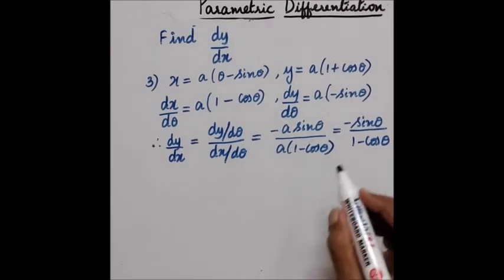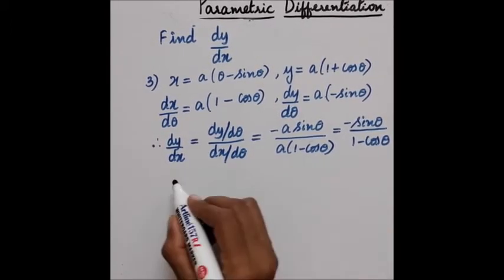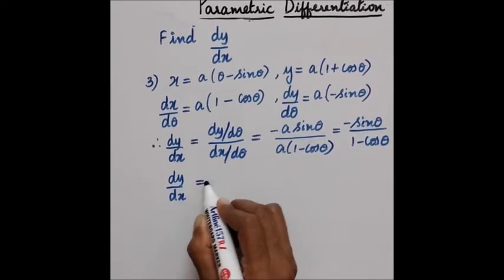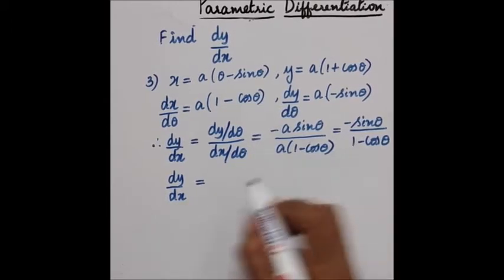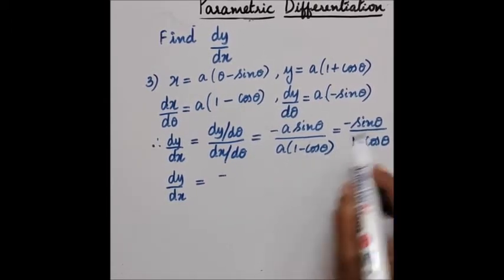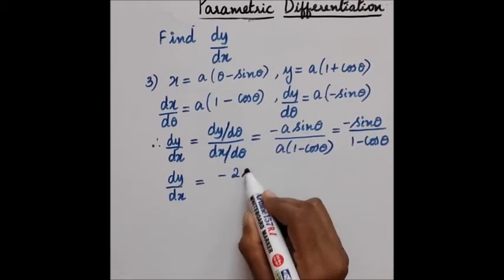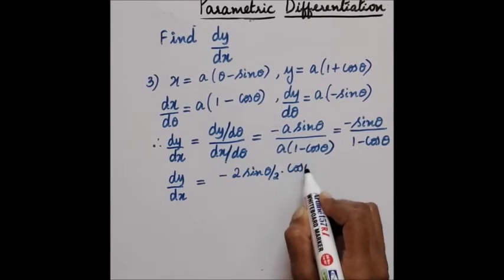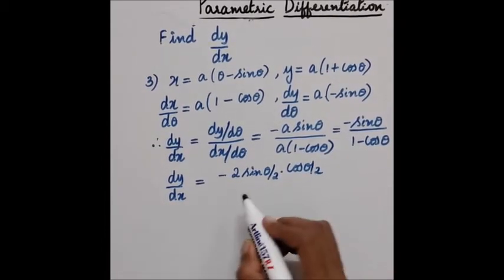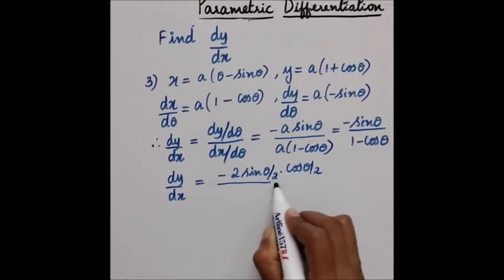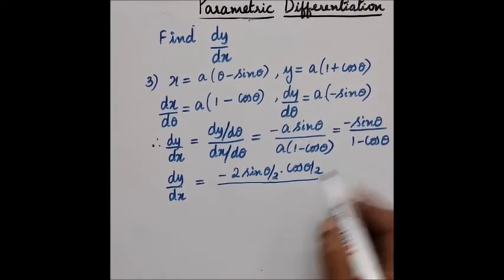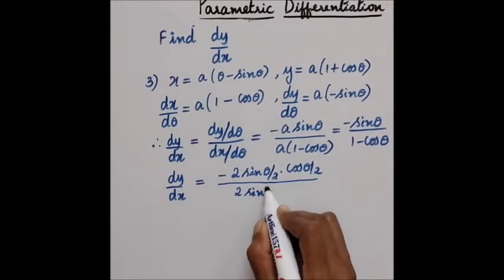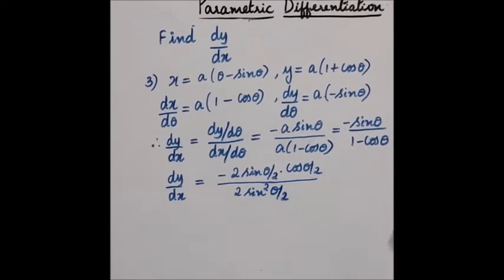Now here, for this we can simplify the function. We can write the answer in the simplest form. Minus sine theta can be written as 2 sine theta by 2 into cos theta by 2 using the sine 2 theta formula, and 1 minus cos theta is a standard one, that is 2 sine square theta by 2.